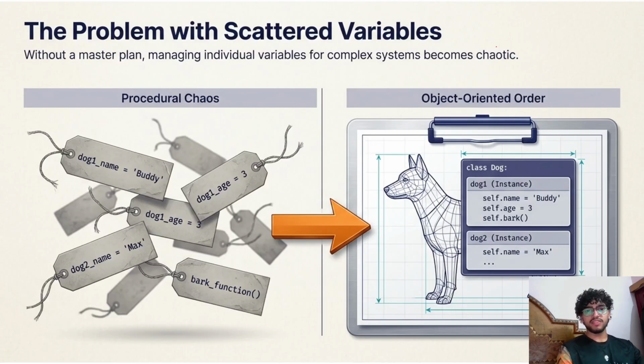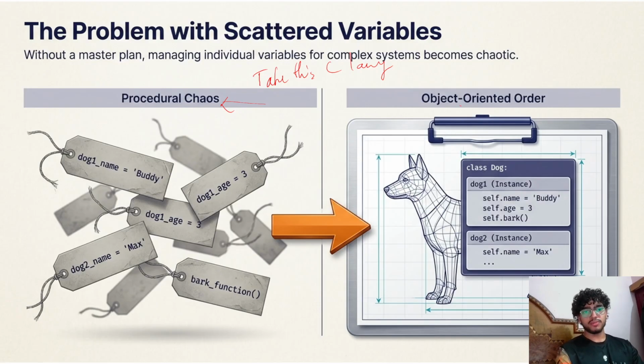So the problem is scattered variables. Suppose you take this as C language, because it uses procedural programming. So there are many names, ages, just like there will be many variables if there are many dogs.